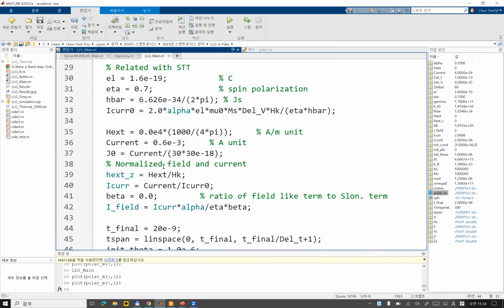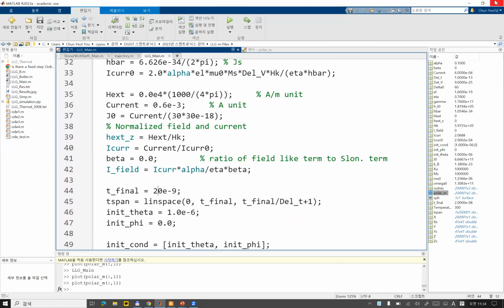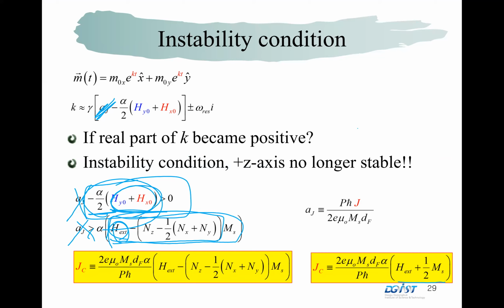You can test many things with this simulation code, but here I have one question. In this solution, we just set the current near critical. Can we obtain such a switching time from this equation? As I said, the real part of K will govern the time-dependent motion.